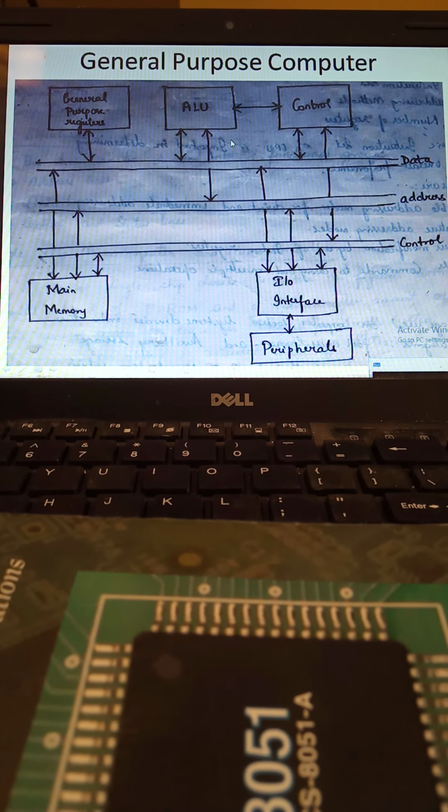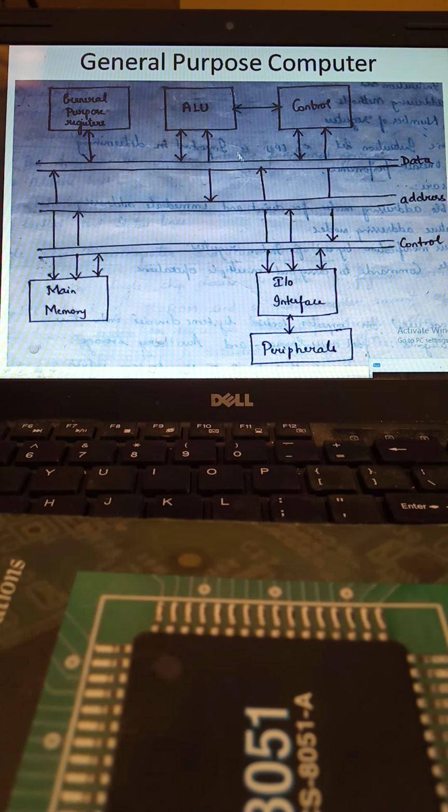The data bus is bidirectional because there is a chance of data transferring from the memory device to the CPU or from the CPU to the memory device. But the address bus is always unidirectional. That means the CPU will be informing the memory chip about the address. And the control signals can be bidirectional.